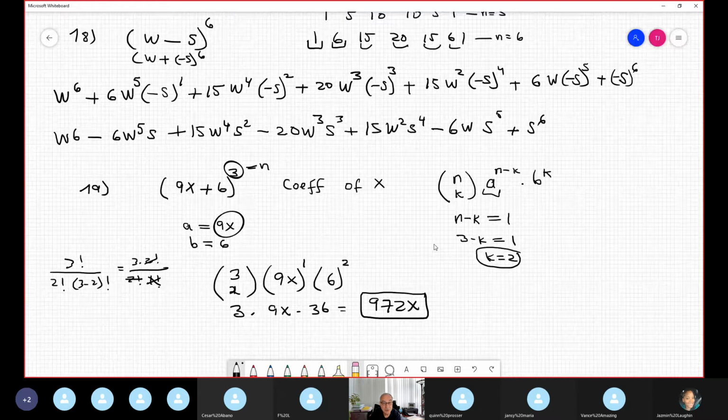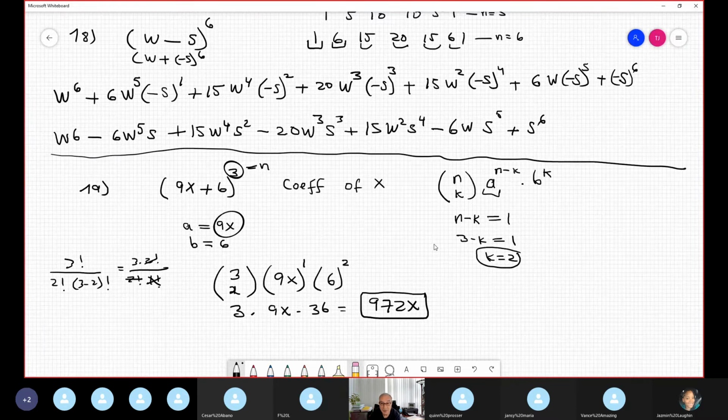Clear or confusing? This is another kind of problem in the practice for the binomial. Not necessarily expand everything, so you don't find a specific term. And the clue can give me the idea of what is the location: the exponent of the x is 1.